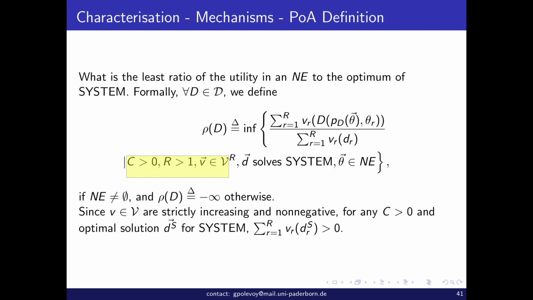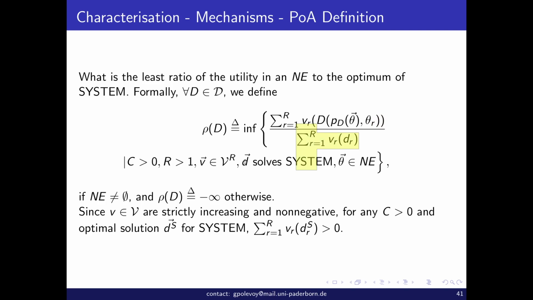Here they look at the smallest amount: the value under this mechanism, summed over all the players, so the total value the players get in an equilibrium of this game, divided by the optimum.